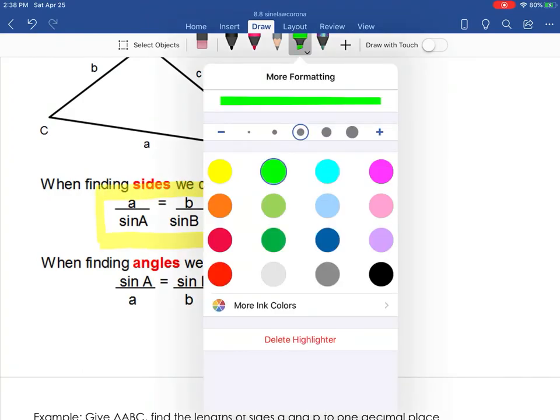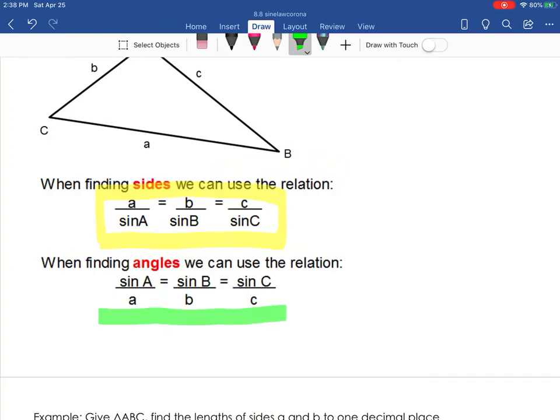If you want to get out your highlighter, this is when we're looking for sides, and this is when we're looking for angles. You can actually use either one, but when we do those questions where sometimes the x or the unknown was in the bottom, if you didn't like that, then maybe you want to flip it around.